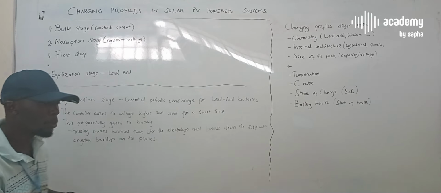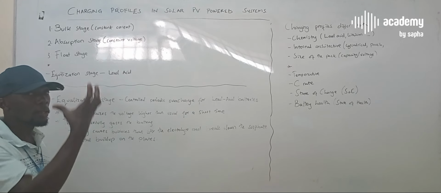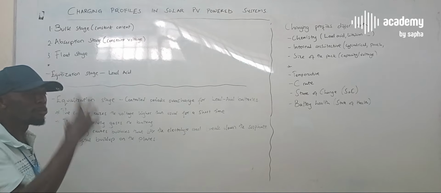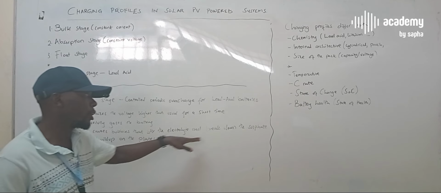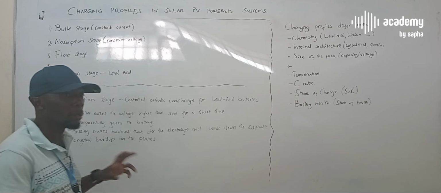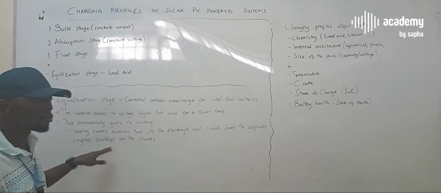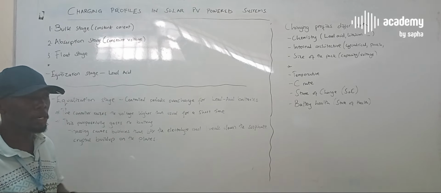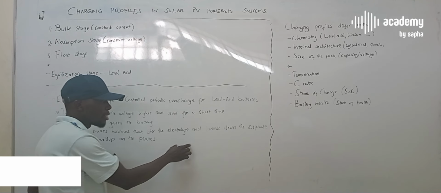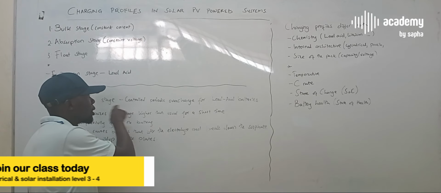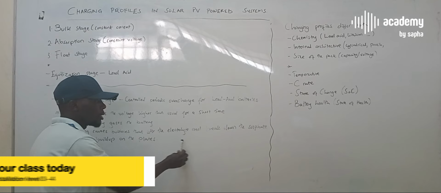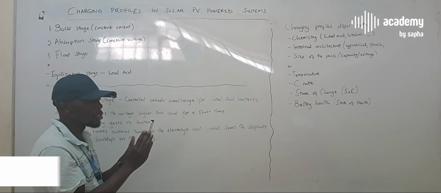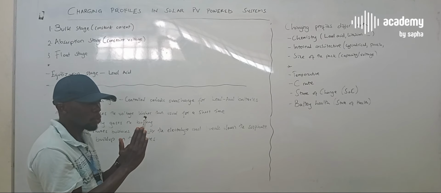When the bubbles form and rise, they cause some movement of electrolyte, and during that movement, the electrolyte will break down the crystals that have built up on the plates of a lead acid battery. If you look at a lead acid battery that has not been gassed over a period of time, you'll find that on the plates there's something white that has formed.